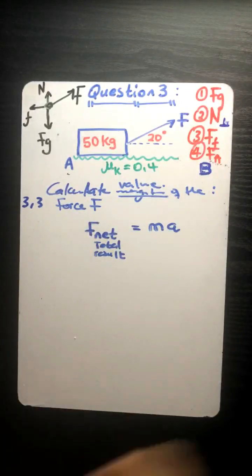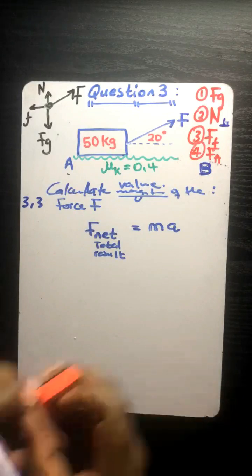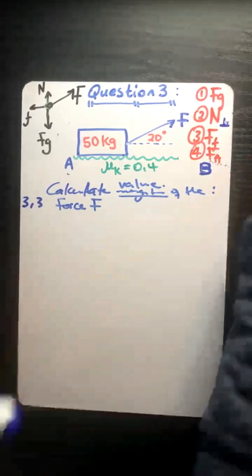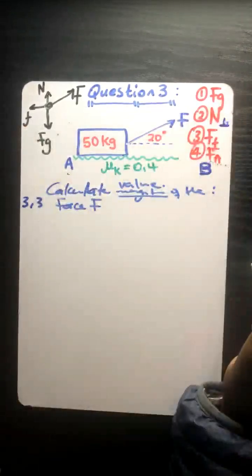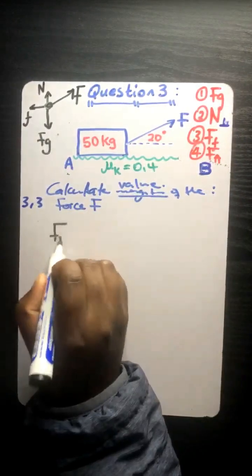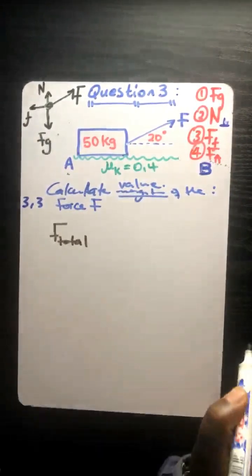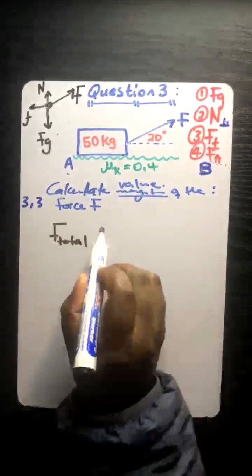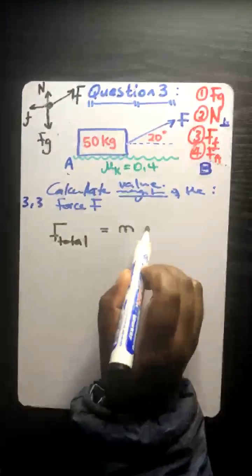Let me try to rewrite this formula the way in which I used to write it, honorable members. I used to say total forces acting on any object is equal to ma.